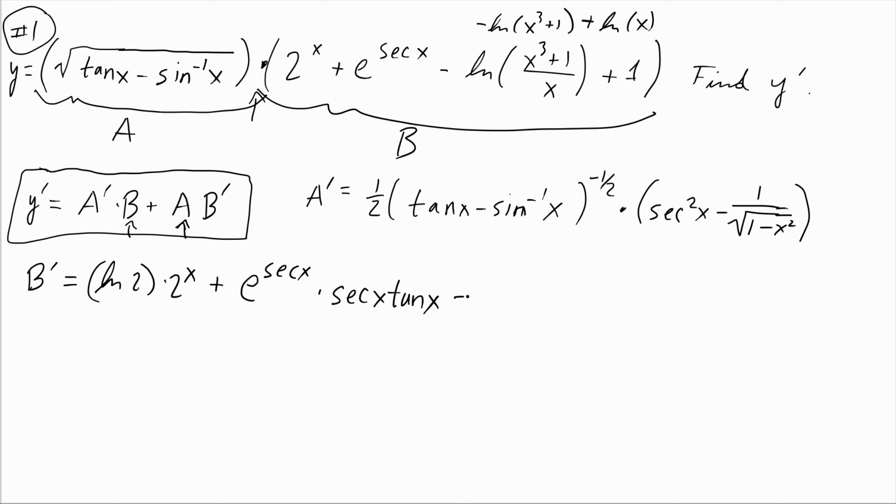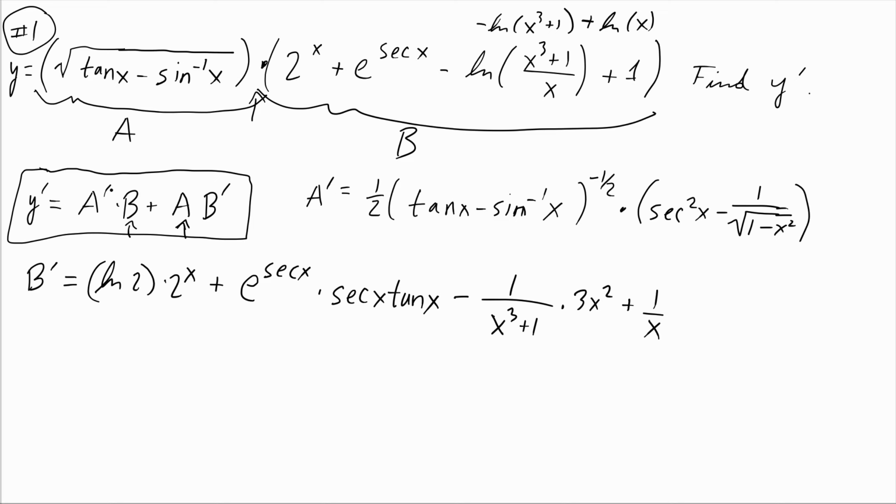That's going to be 1 over what's on the inside there, x cubed plus 1, and then multiply by the derivative of the inside part, x cubed plus 1. The derivative of that is just 3x squared, and the derivative of that plus 1 is 0. Then over here, the derivative of natural log of x is just minus 1 over x, and the derivative of 1 there is just 0. Okay, so we're done. We just found b prime.